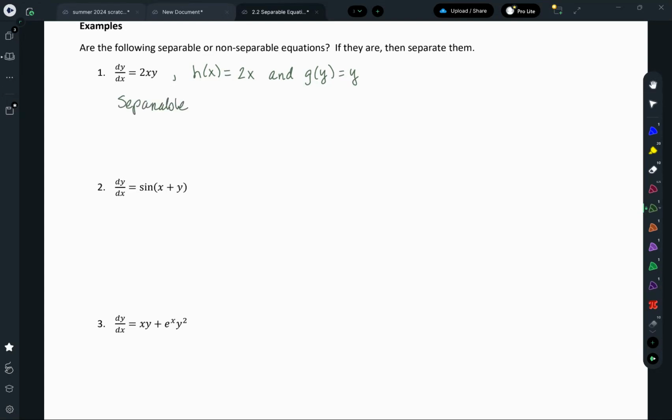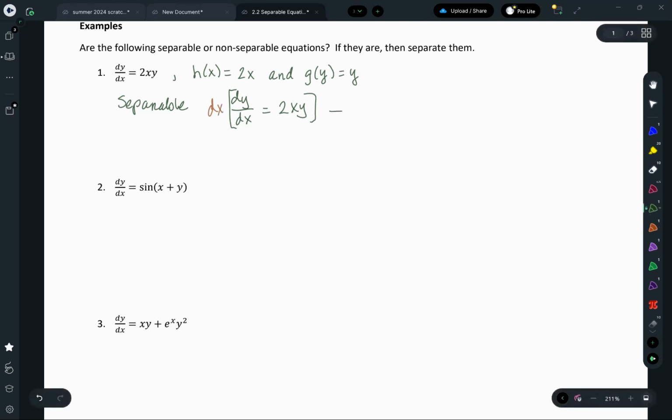And then the next thing is to go ahead and separate them. First I will multiply both sides by a dx. I'm going to take my dy over dx equals 2xy, and then I will multiply the whole thing by dx. Then this becomes dy is equal to 2xy dx.